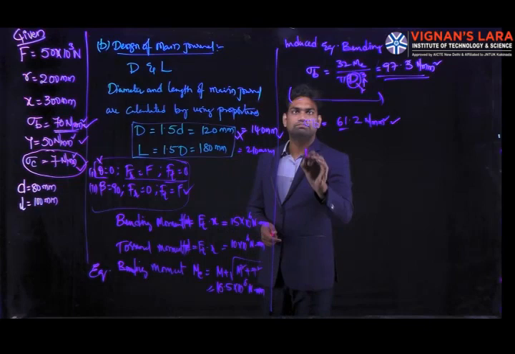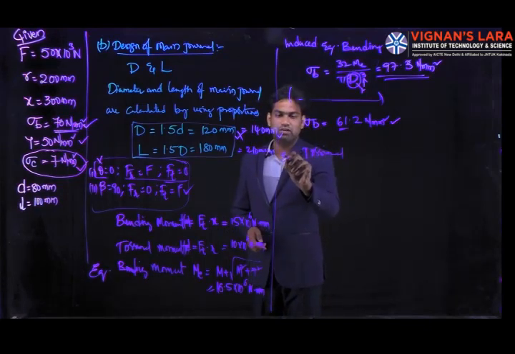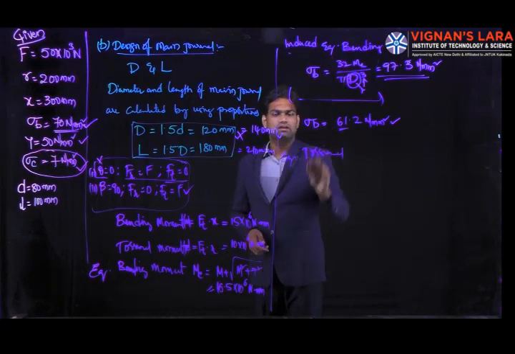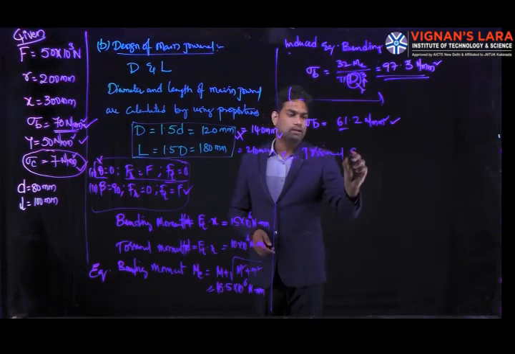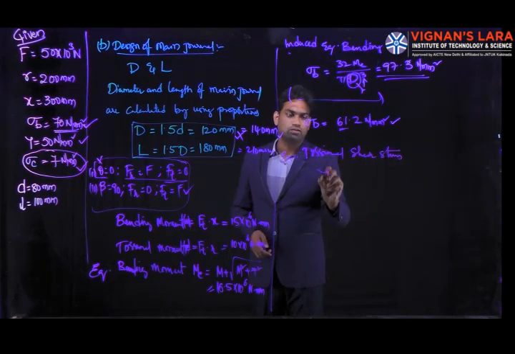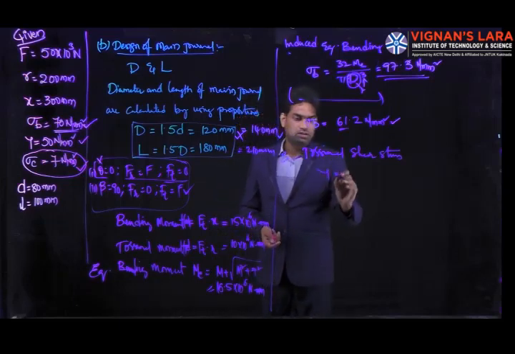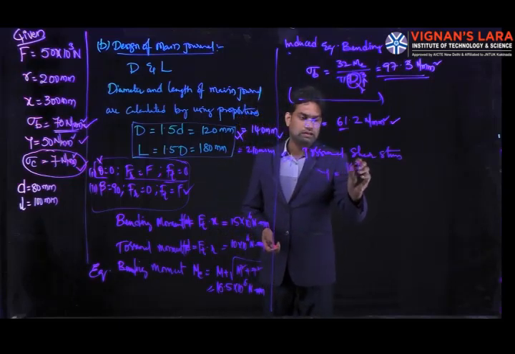For that, this is the equivalent torsional stress, so the induced equivalent shear stress is the torsional shear stress. Tau, which is equal to the maximum shear stress, equals 16 Te by pi d cube.